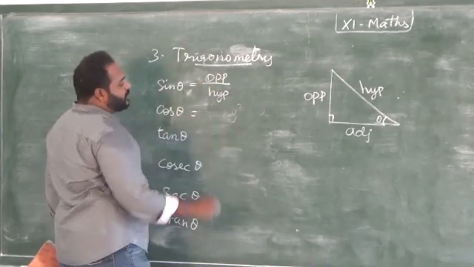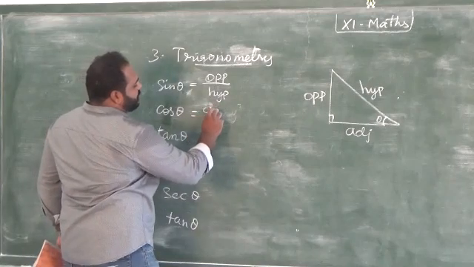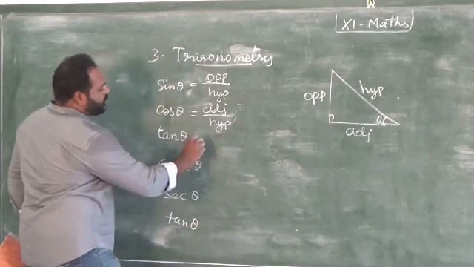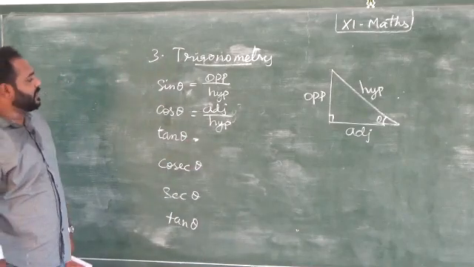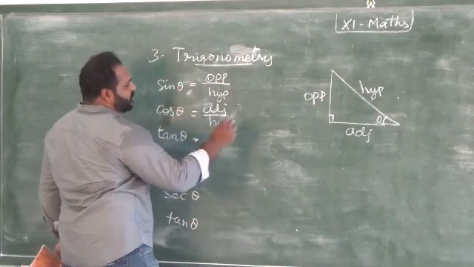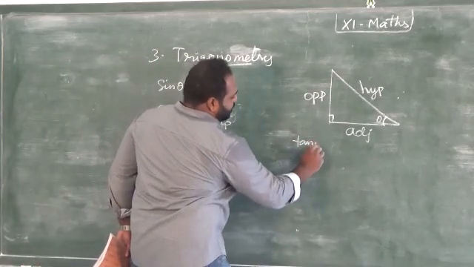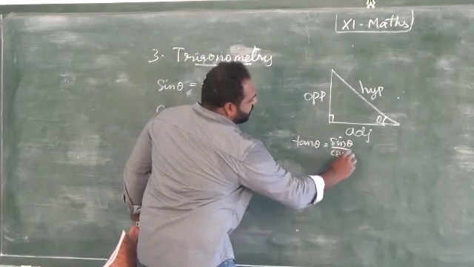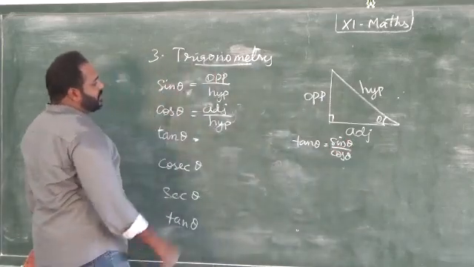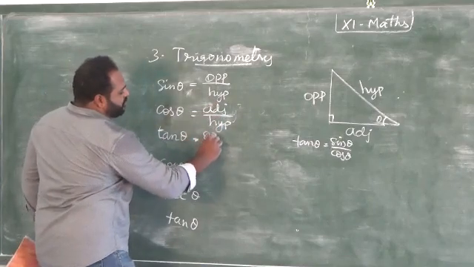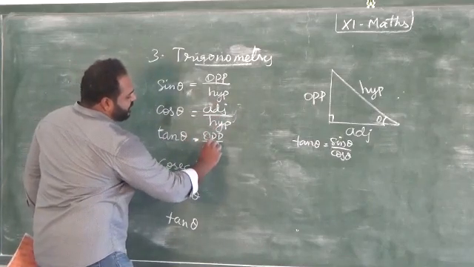Cos theta will be adjacent by hypotenuse. Tan theta is sin by cos. We know that tan theta will be sin theta by cos theta, the hypotenuse will be cancelled. It is opposite by adjacent.